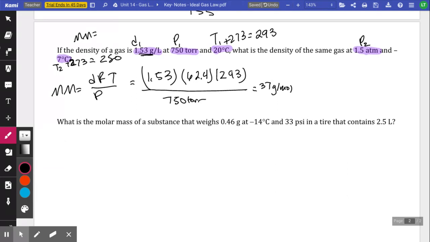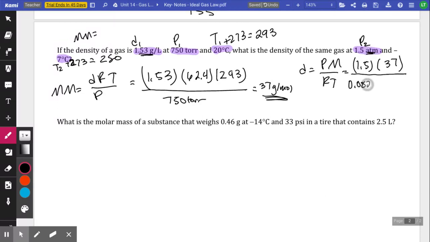All right, so now I'm going to take my molar mass, because it should be the same, plug it into my second set of variables, and this time solve for density. So density is equal to pressure times our molar mass divided by our R value times temperature. My pressure is 1.5 atmospheres times my molar mass, which is 37 grams per mole, divided by my R value. This time I'm in atmospheres, so I need to use the R value for atmospheres.